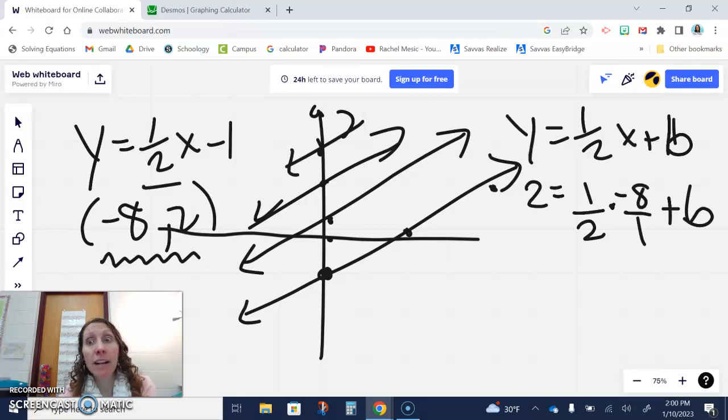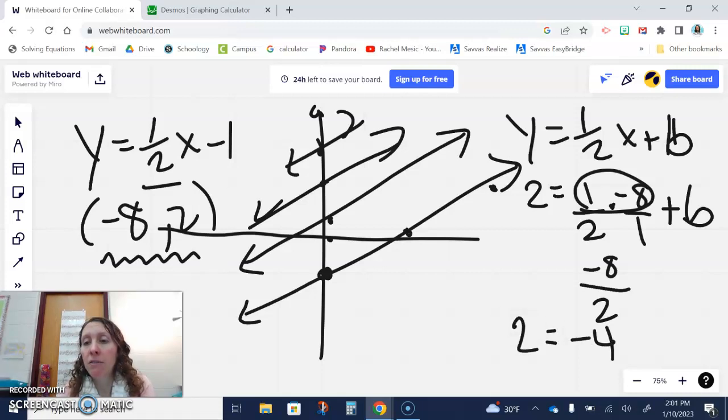All right, so let's start with the fraction part. 1 times -8 is -8, and 2 times 1 is 2. That can simplify to -4. So 2 equals -4 plus b.